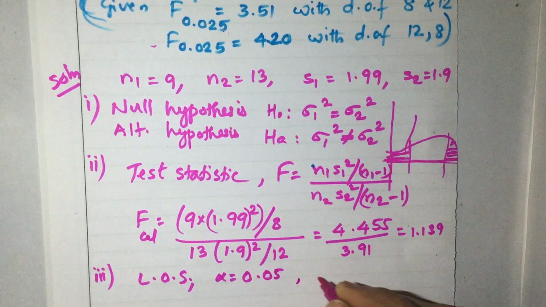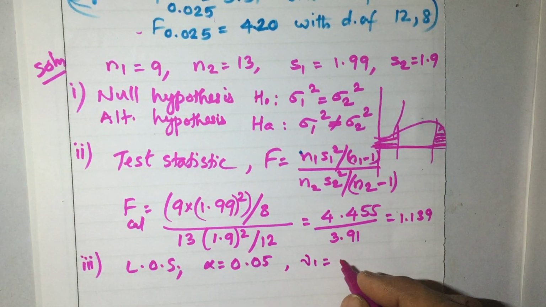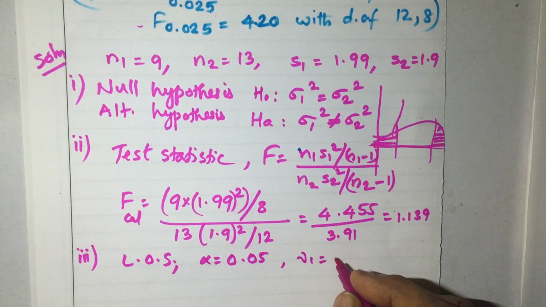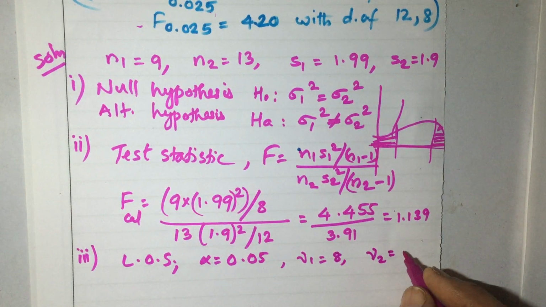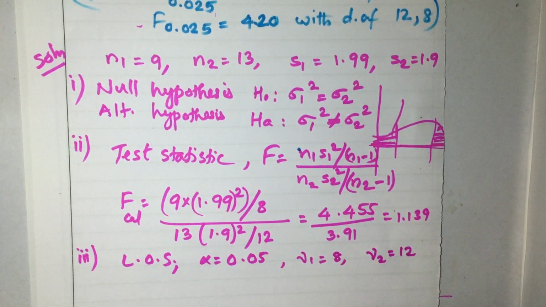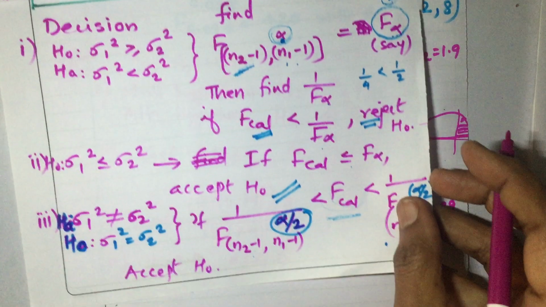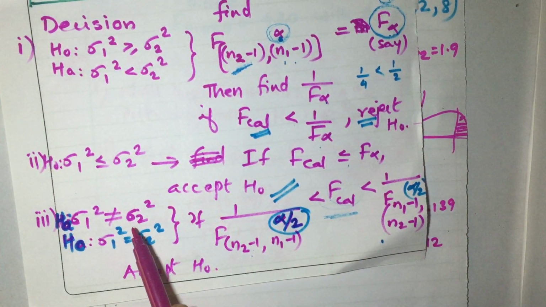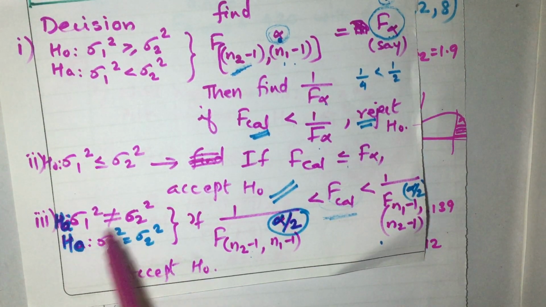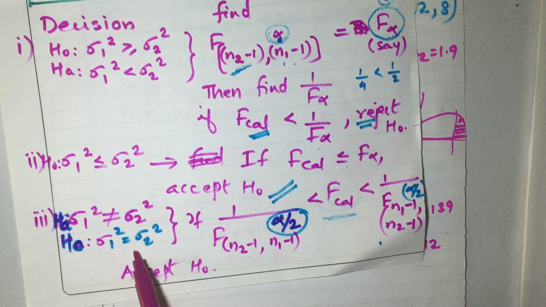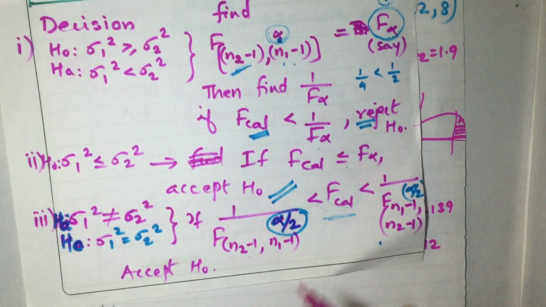Then degrees of freedom, nu1 will be n1 minus 1, 9 minus 1, 8 for the numerator, and nu2, n2 minus 1, 13 minus 1, that is 12 for the denominator. As we already had this formula, if sigma 1 square not equal to sigma 2 square is HA and H0 is sigma 1 square equal to sigma 2 square, then we calculate this. We had already discussed this yesterday.